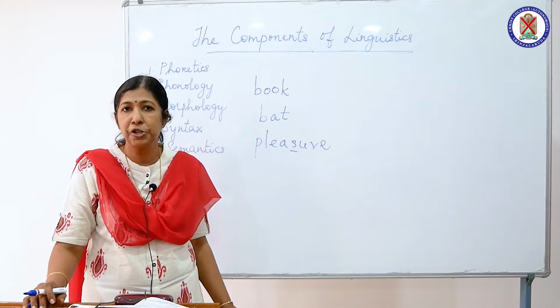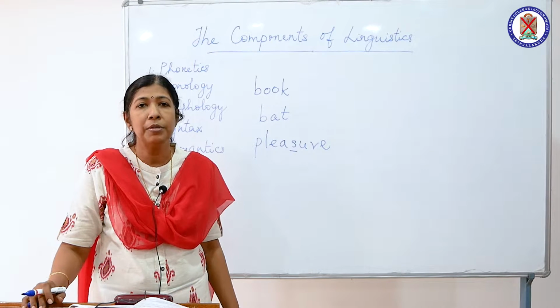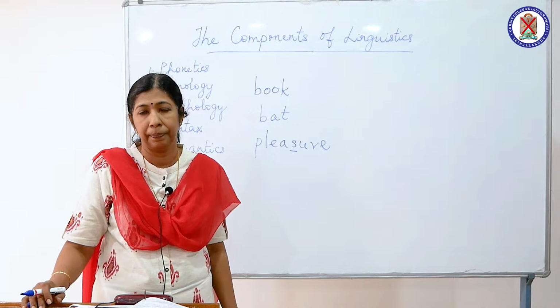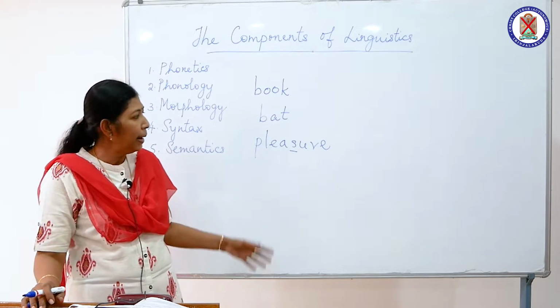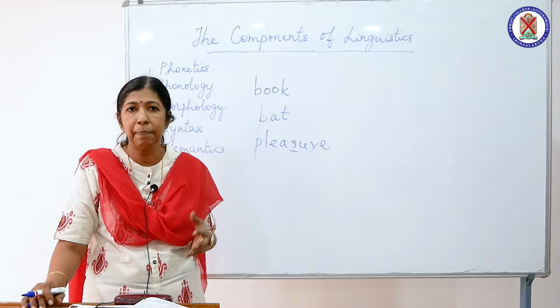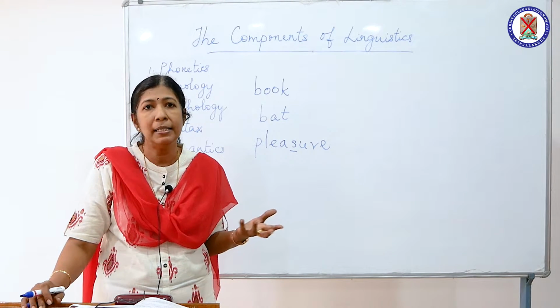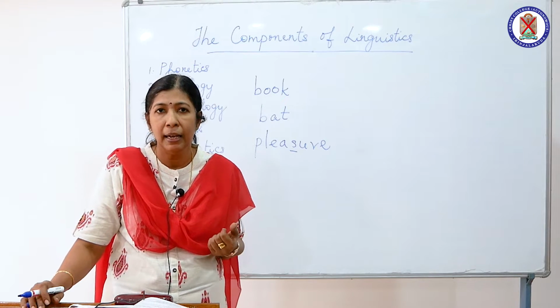Now this sound does not occur in most Indian languages. There are plenty of other examples of sounds which are present in the RP variety of English, but which may not be there in several of the Indian languages.